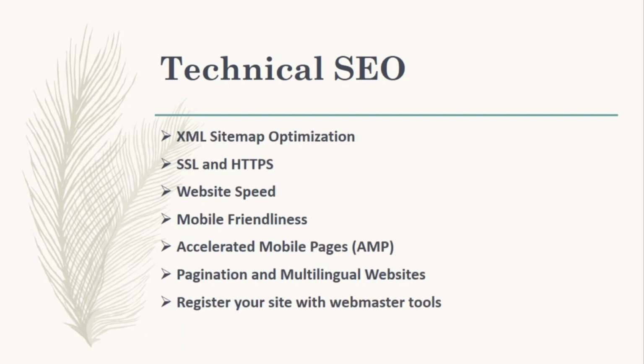Today we are going to learn about the few parts which are remaining for technical SEO: how to create an XML sitemap, the security certificate for a website, the website speed, how to implement Google Analytics to track your data, how to implement Google Tag Manager, and how to verify that you are the owner of the website. First of all, we are going to learn about XML sitemap optimization or XML sitemap creation.